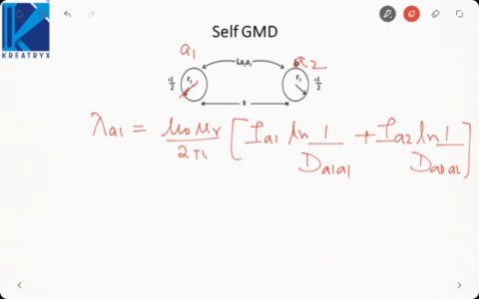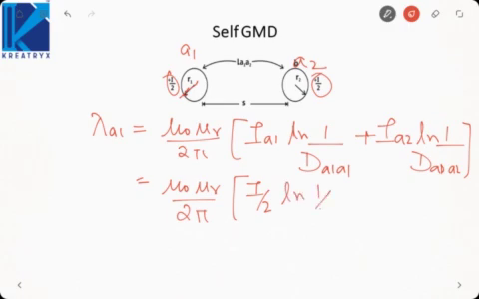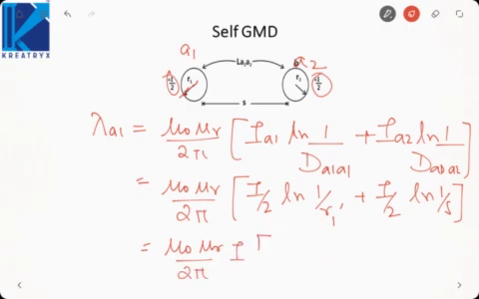Now since these two are part of a single conductor, each will be carrying a current I by 2. So we can write it like this: mu naught mu r by 2 pi, I by 2, 1 by d A1, where A1 is R1 prime, I by 2, 1 by S. So mu naught mu r by 2 pi, take I common, it will be ln 1 by under root R1 dash into S. R1 dash into S occurs because these logs get added, and under root because of this 2.